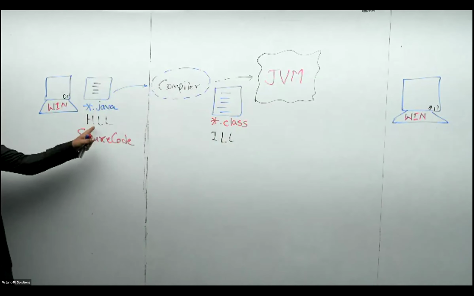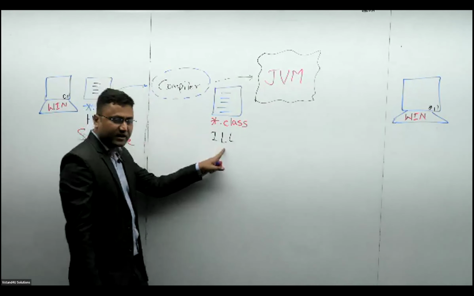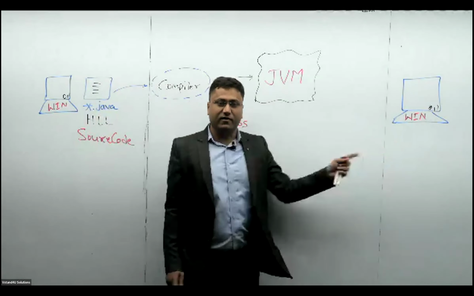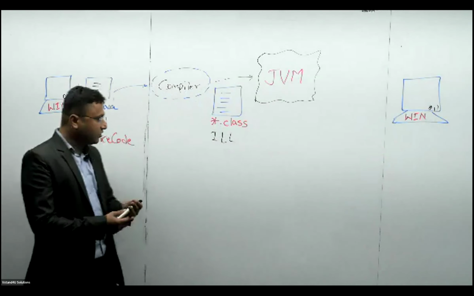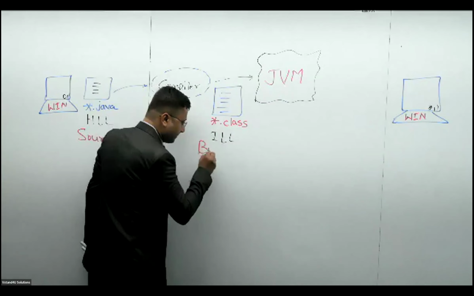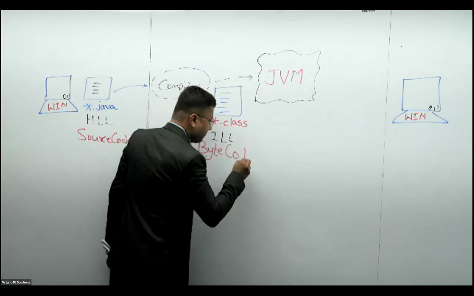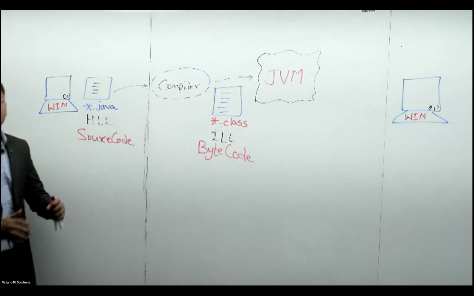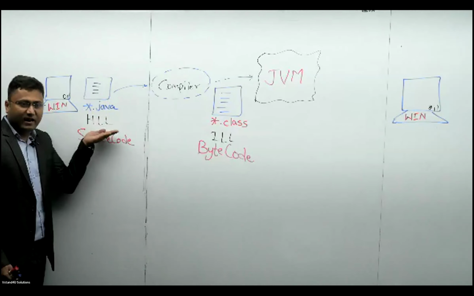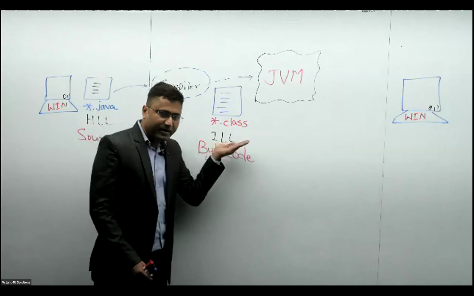This is high level language. What do you mean by intermediate? In between high level and machine level, intermediate level language code, called bytecode.